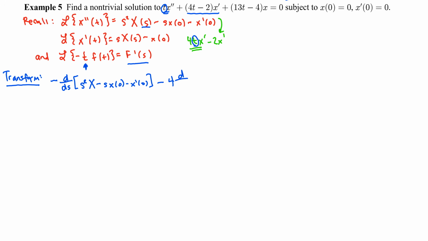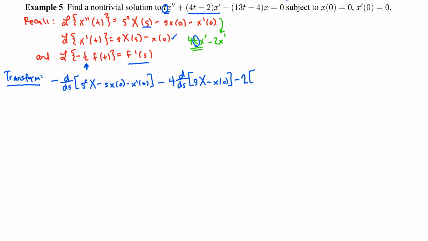And then, because we have t to the first power, we're going to multiply by the first derivative of the Laplace transform of x prime. The Laplace transform of x prime is s big X minus little x of 0. Okay, then we have minus 2 times the Laplace transform of x prime, no factor of t there. So the Laplace transform of x prime is s big X minus little x of 0.